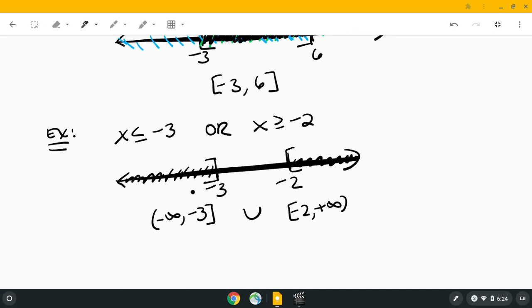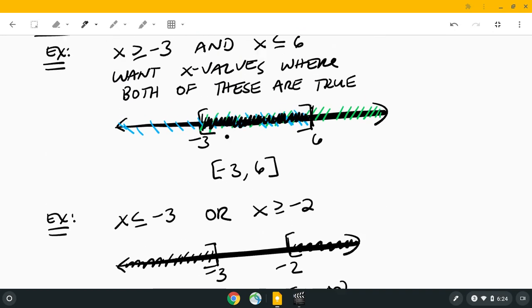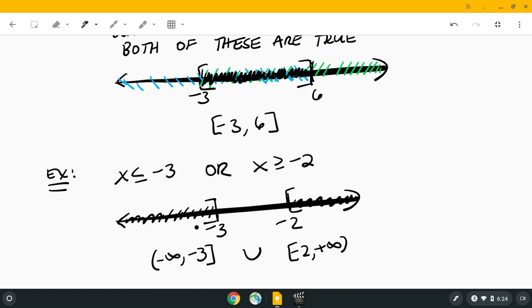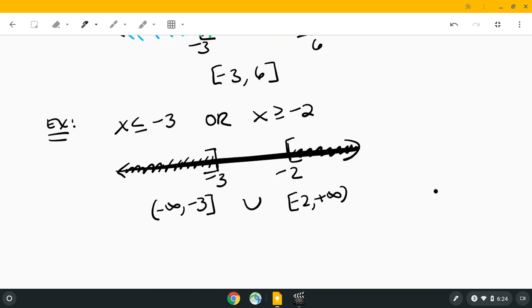You would have no common solution between these two sets, so you would have to say no solution. So remember, with and you're looking for where they have common solutions, or with or you're just taking everything, all of this and all of that.